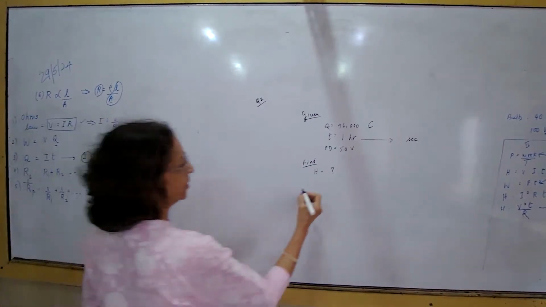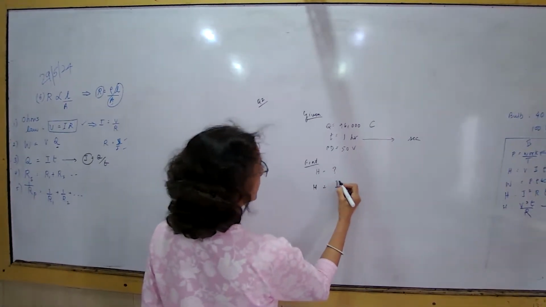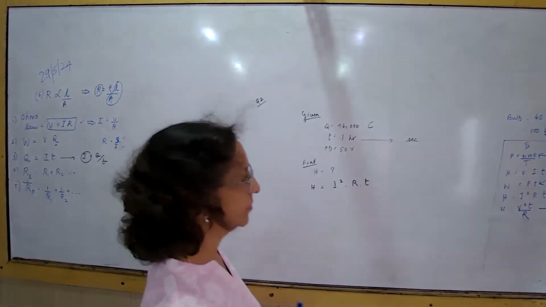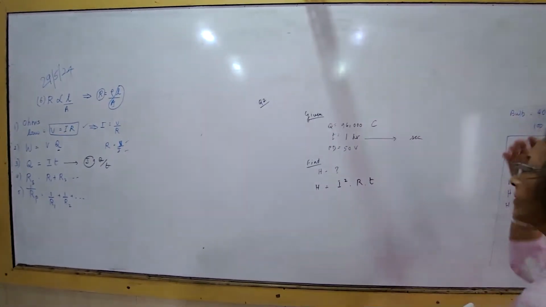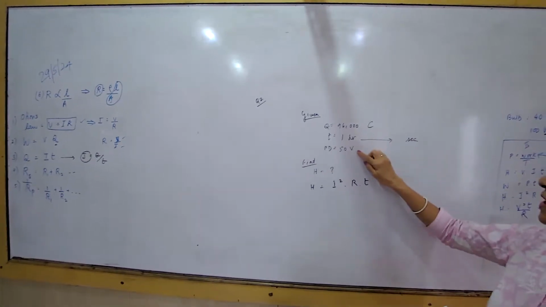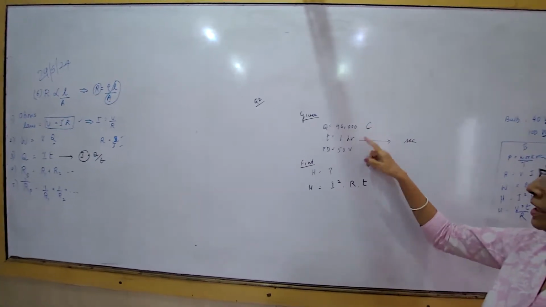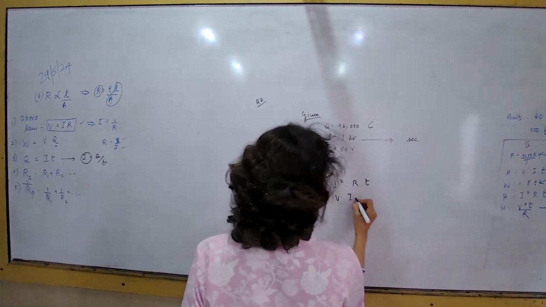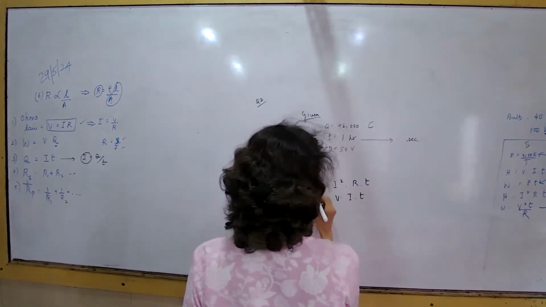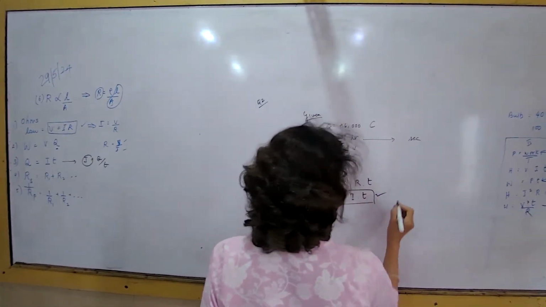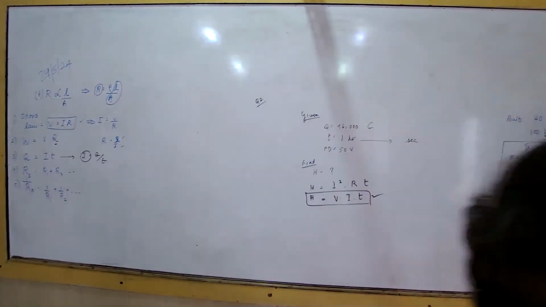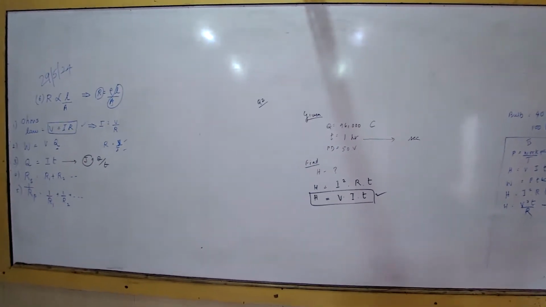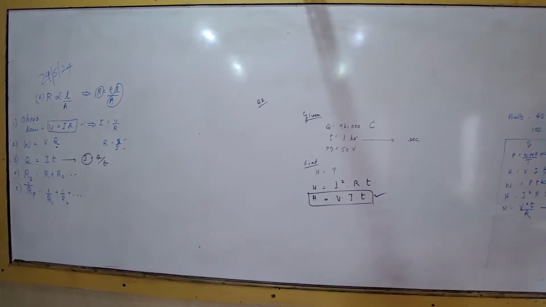Okay. So H is equal to I squared R T. Or you can also use V I T. I is in decimals.